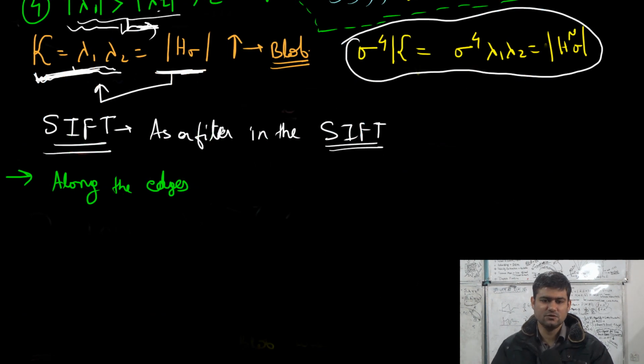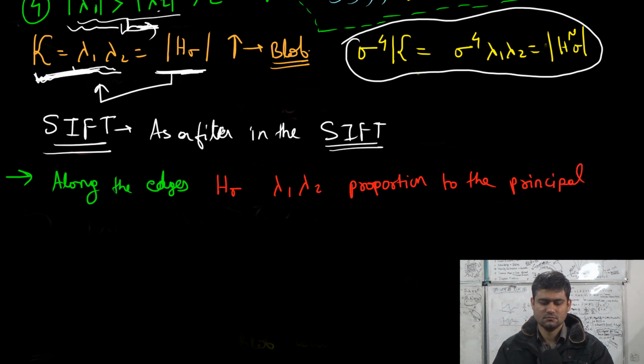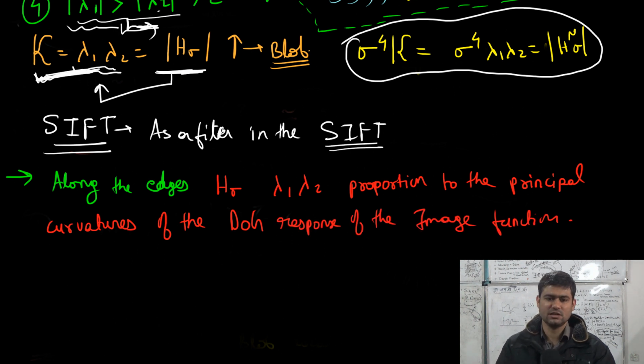Furthermore, the eigenvalues of H sigma, that is lambda 1 and lambda 2, are also proportional to the principal curvatures of the difference of Gaussian response of the image function at that particular pixel coordinate where we are computing these eigenvalues, and at that particular scale as parameterized by sigma.